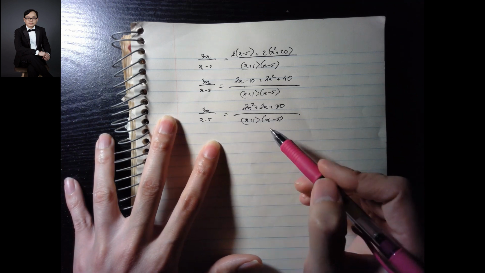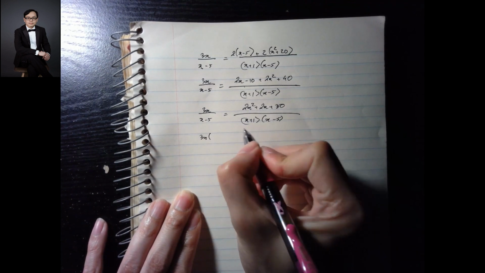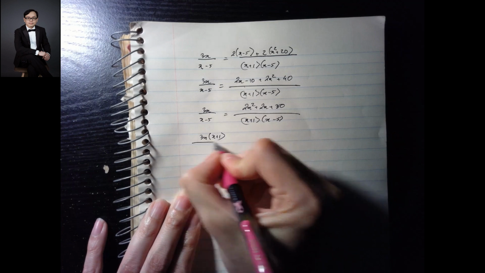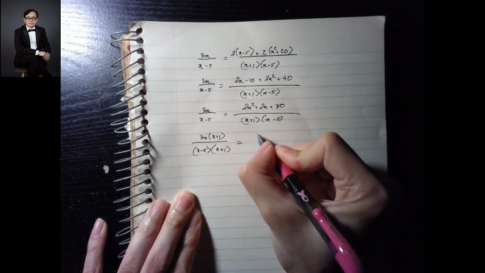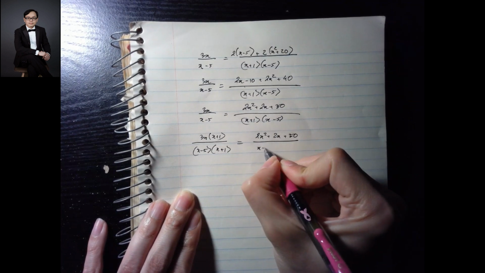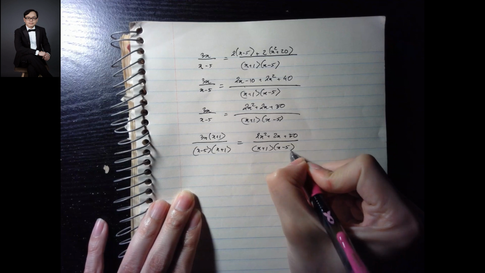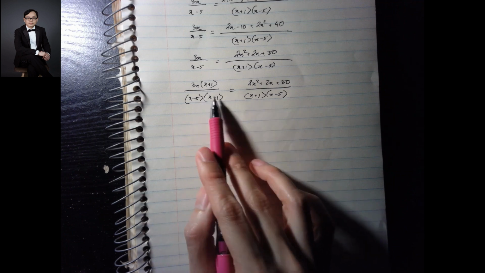However, I think the best way here is to multiply the left hand side by x plus 1, so that I have two fractions with the same denominator.